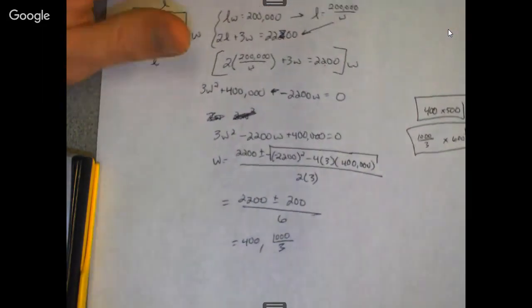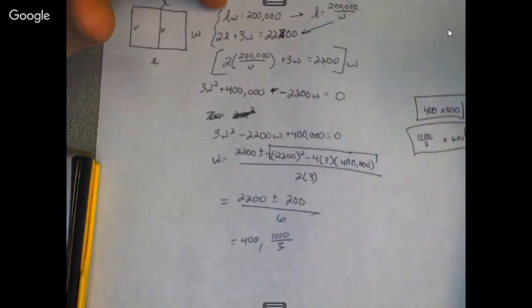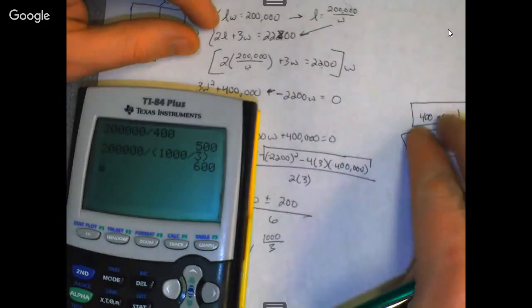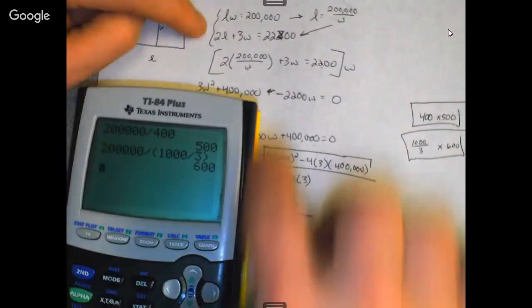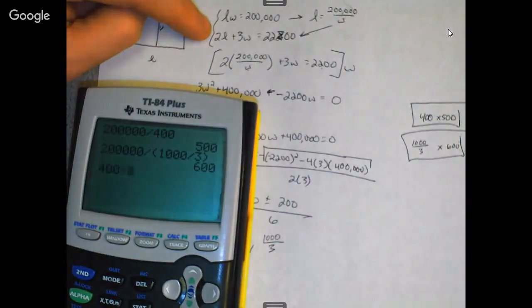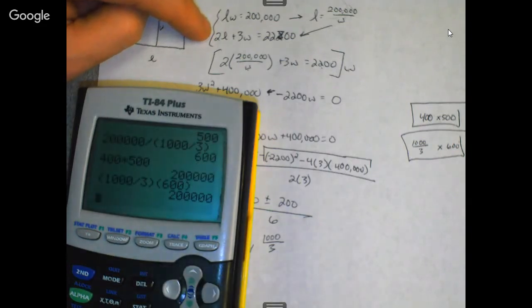Okay, and we can definitely check these solutions. They should both work, but the first thing we want to do is multiply them together. So I'm just plugging them back into these two equations. So 400 times 500 is the right answer. 1,000 thirds times 600 is the correct answer.